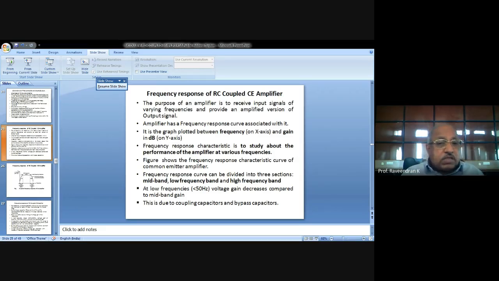What is the significance of this 3 dB frequency? The main characteristic feature is that at the 3 dB point frequency, the power of the amplifier is such that it delivers 70.7%, or 0.707, of the power output when the amplifier is working at the mid frequency.